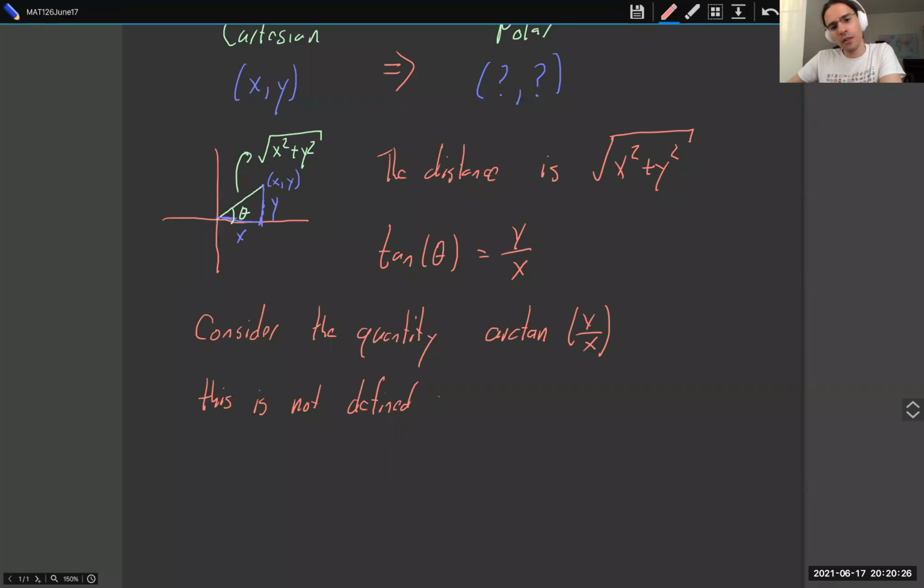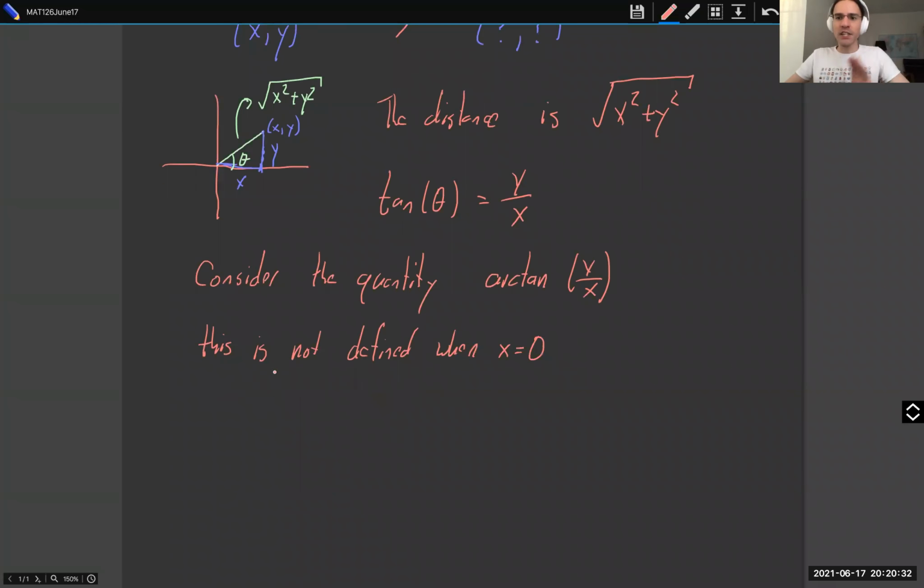Otherwise, the range of this function is what? What values does arctan span between?